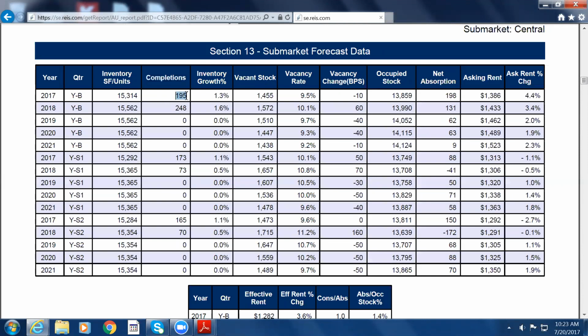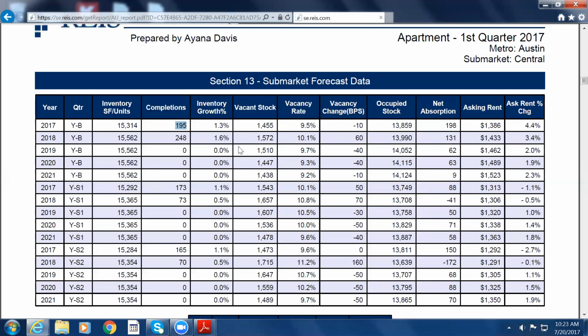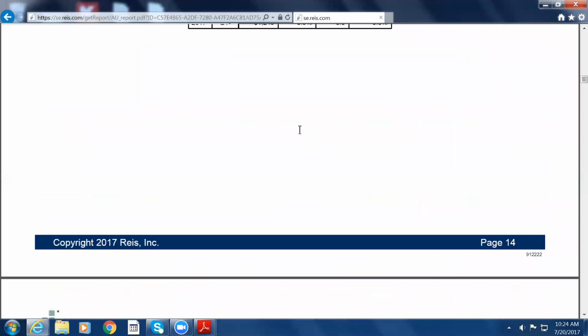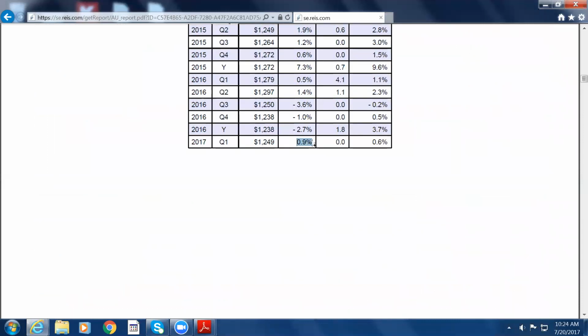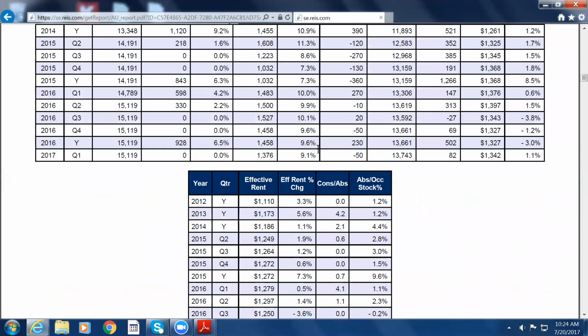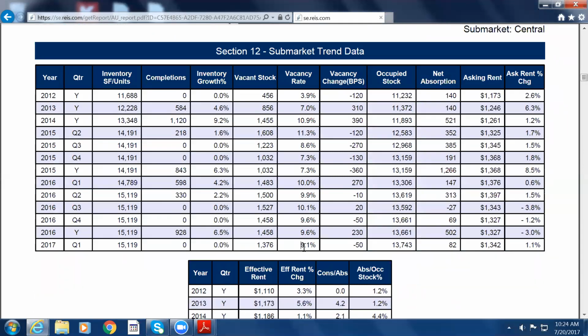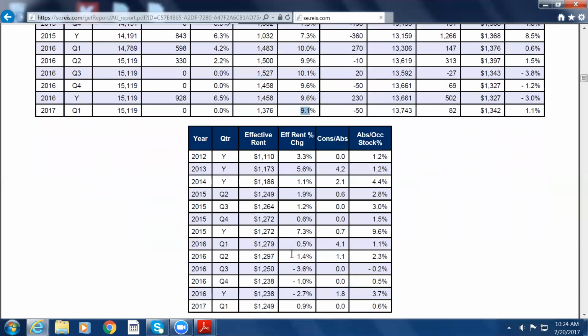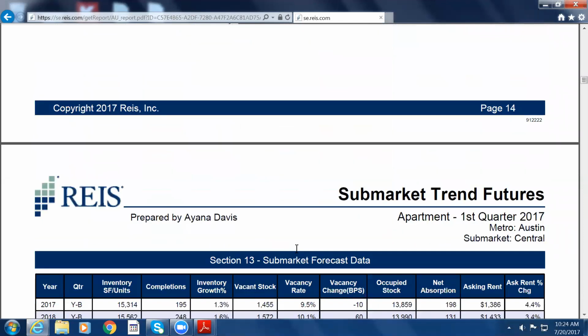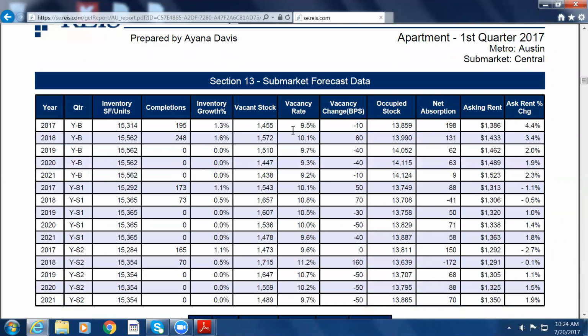So for example, we're expecting almost 200 units roughly by the end of the year. You can see where that vacancy rate is going to go, and let me actually go back up to first quarter. It's about 9.1%, or, that's the vacancy, my apologies. 9.1% is where we were at the end of first quarter. Now, if we go down to the end of this year, it looks like it'll bump back to 9.5%, so not too much, but that's most likely because of those new units that are coming online, taking a bit of time to lease up.